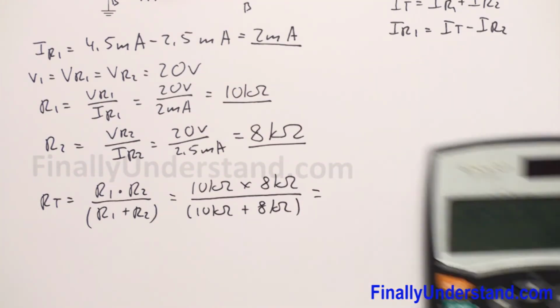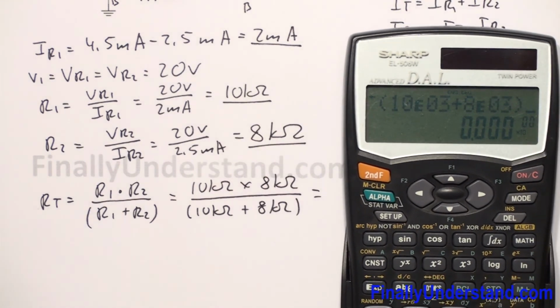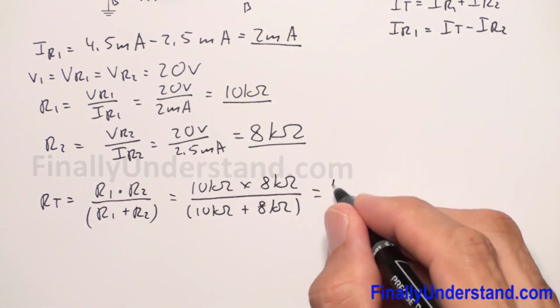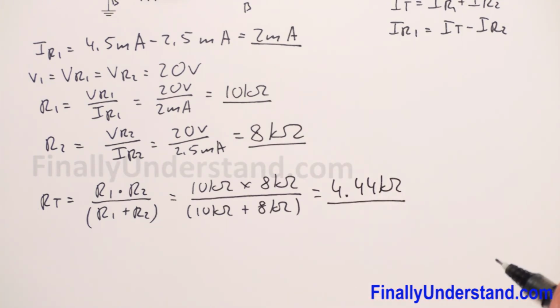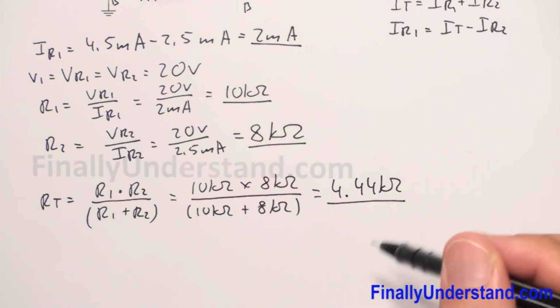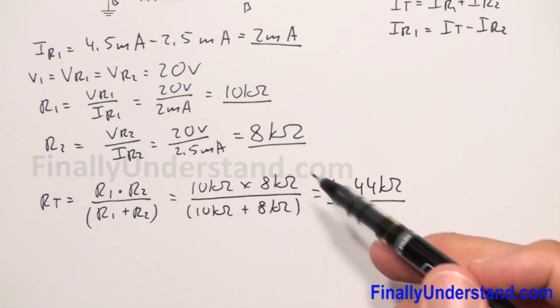This is equal to 10 exponent 3 times 8 exponent 3 divided by open parenthesis 10 exponent 3 plus 8 exponent 3 close parenthesis. This is equal to 4.44 kiloohms. This is the total resistance, calculated based on the values of the resistors which we just found.